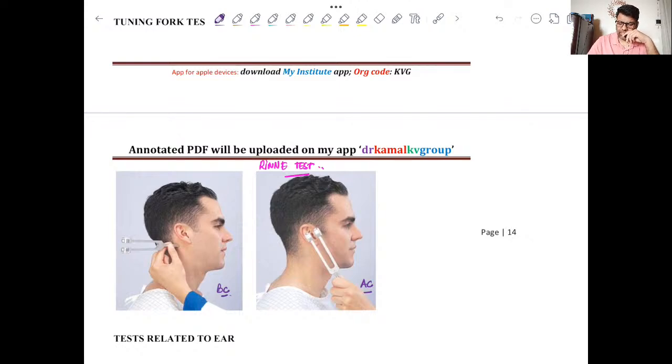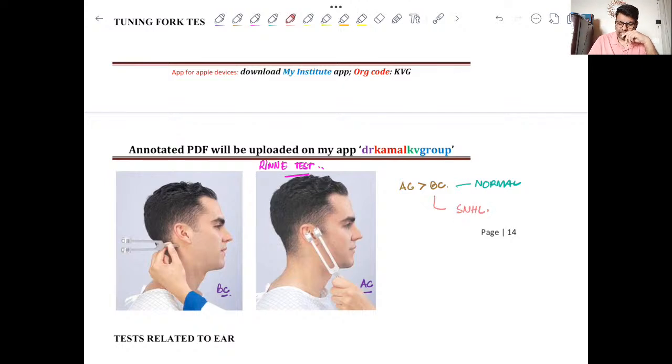And in a normal subject, one should be able to hear when the tuning fork is placed in front of the external ear. Right? So this is normal. But this kind of presentation can also be seen in sensorineural hearing loss.